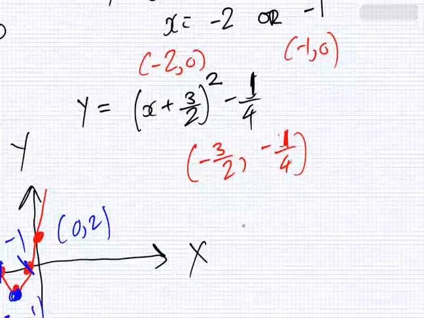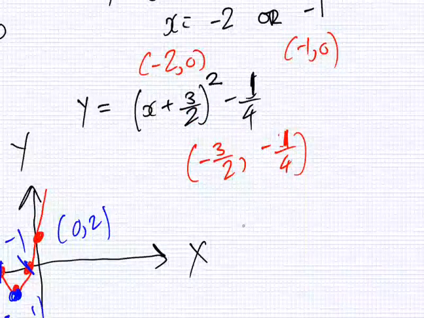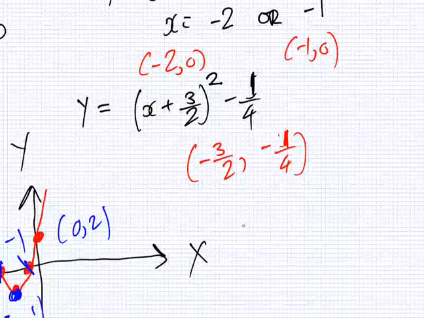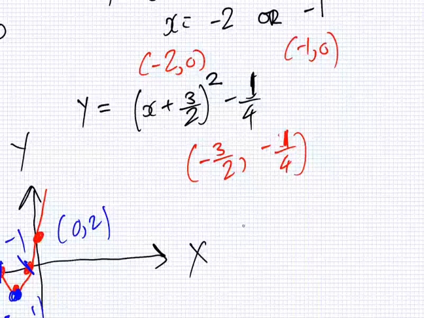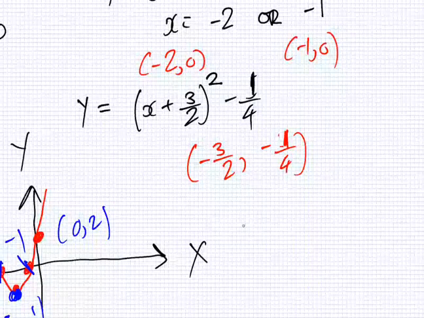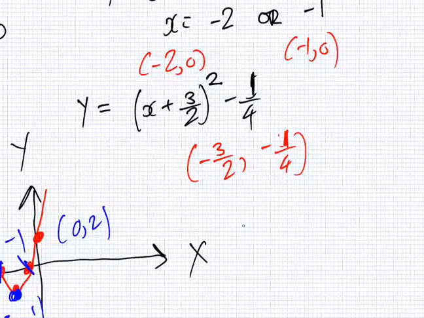So, in the exam, if they ask you to sketch, sometimes the question has two parts. For example, if the first part of the question asked you to factorize, and then they ask you to sketch, well then of course you know that there are roots.